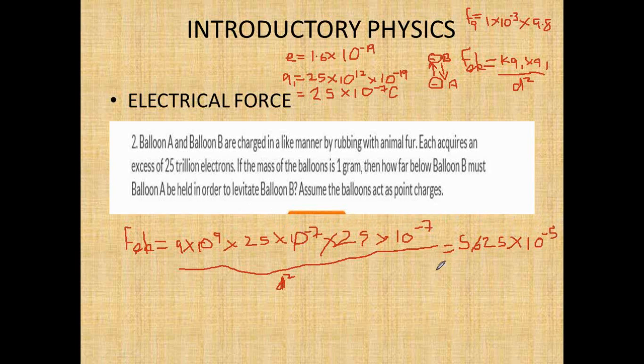Okay, and again, we can simplify this even more. This is 5,625, so when you do that, this is actually 5.625.